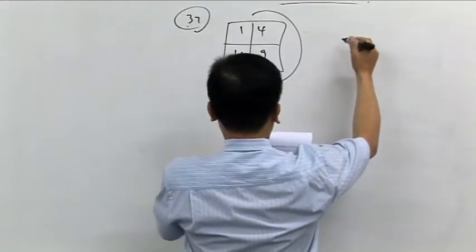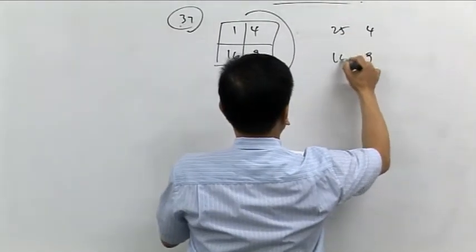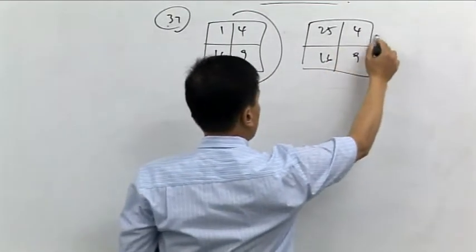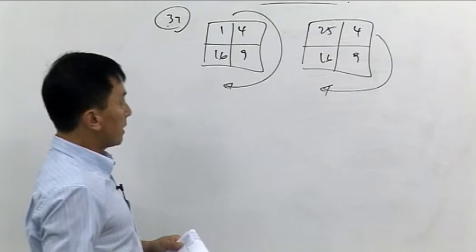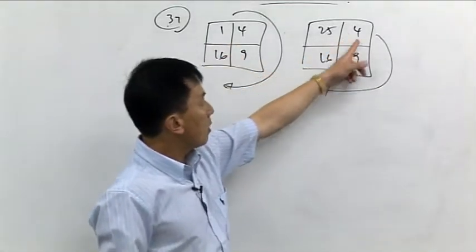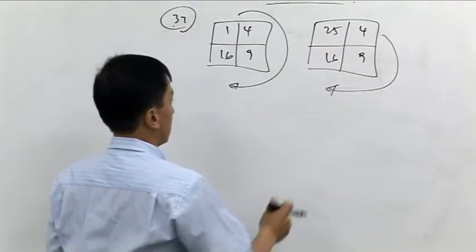Now the second one is 25, 4, 9 and 16. We're still going in a clockwise direction, and interestingly 1 disappears, so we've got 4, 9 and 16, and we take the next square number, which is 5 squared.